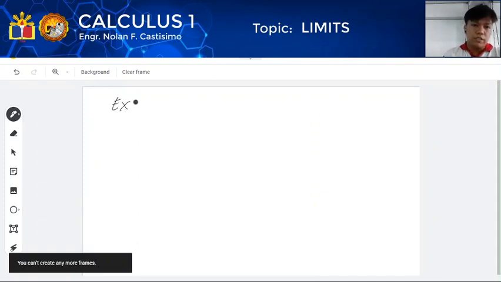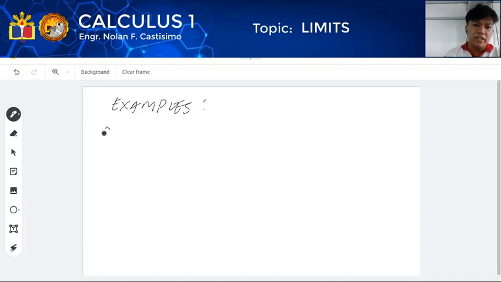So, examples, letter A ng Theorem 6. So, individual examples will have different values for limit of f of x and limit of g of x. Para hindi naman parating pare-pareho yung values ng functions natin.